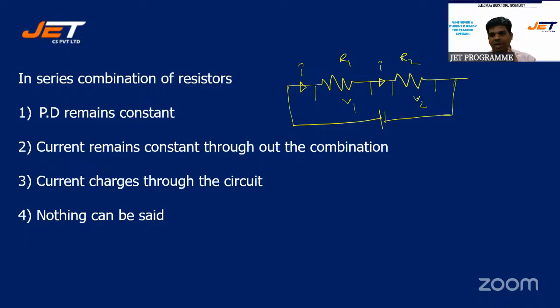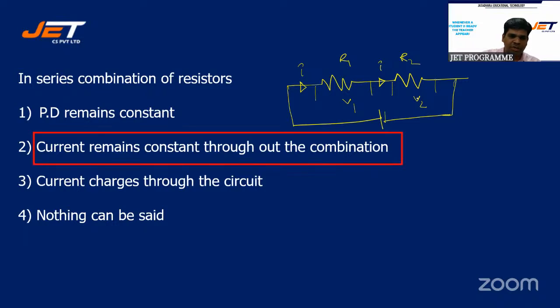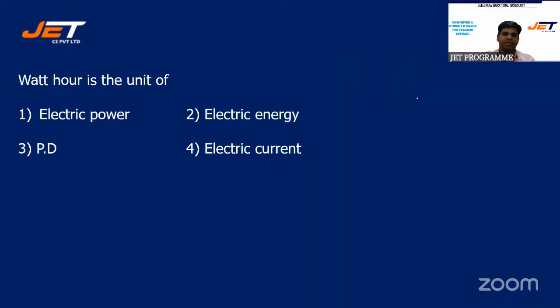With time it remains constant, but V1 is different from V2. But I1 is the same as I2. So I1 is equal to I2 is equal to I. So current remains constant throughout the combination. Alright, let's go for the next one.